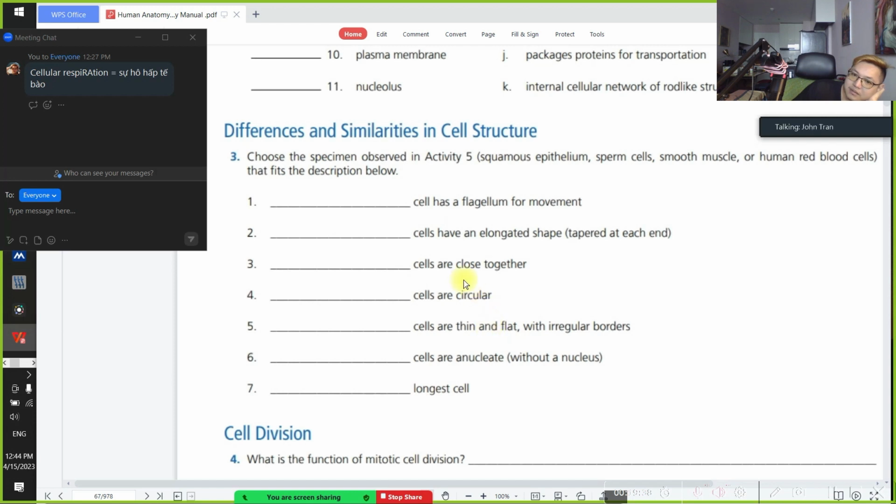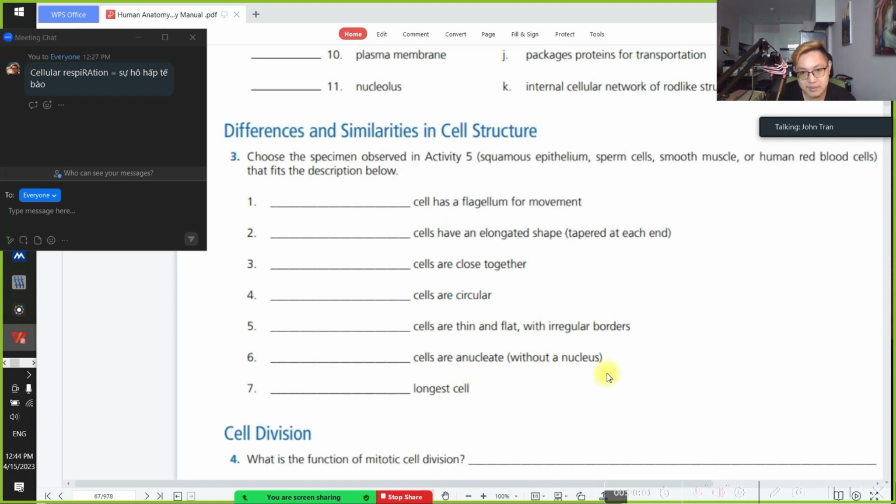Tại vì mặc dù nó gần nhau thành từng lớp nhưng mà mỗi một cái tế bào nó rất là mỏng và nó dẹt. Và nó có những cái border nó vẫy lên, nó hơi bất thường. They have like squamous, like scale of a fish. So it's irregular borders, you know.